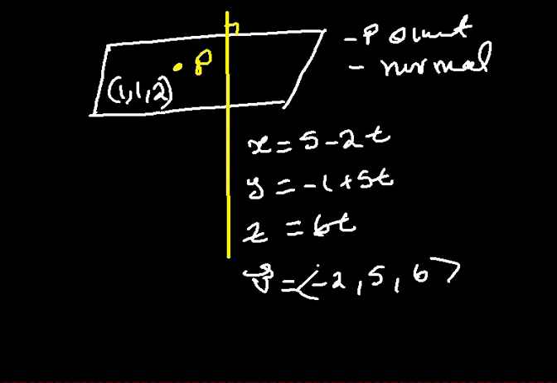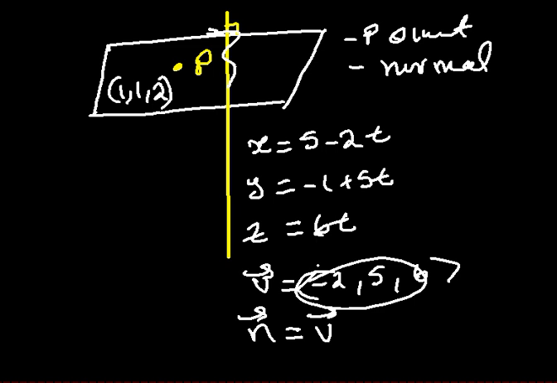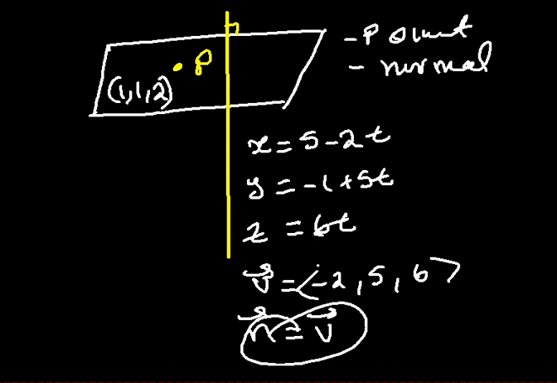If that is the case, then the normal vector to the plane is the same as the directional vector of the line. Hence, that one will be regarded as the normal vector. So keep that in mind.